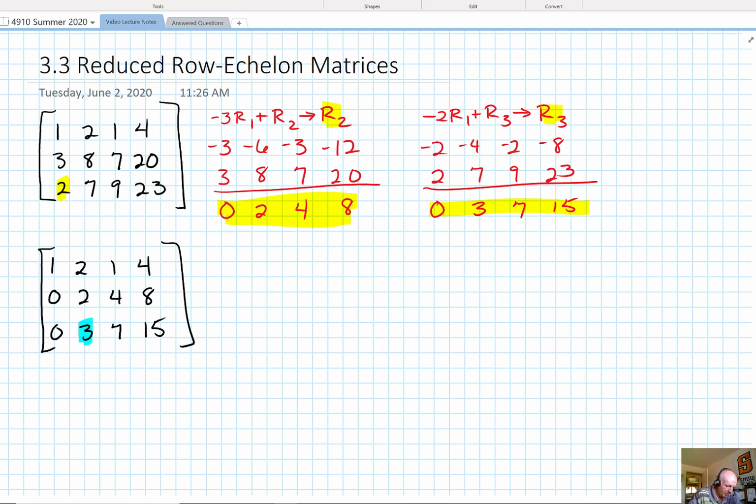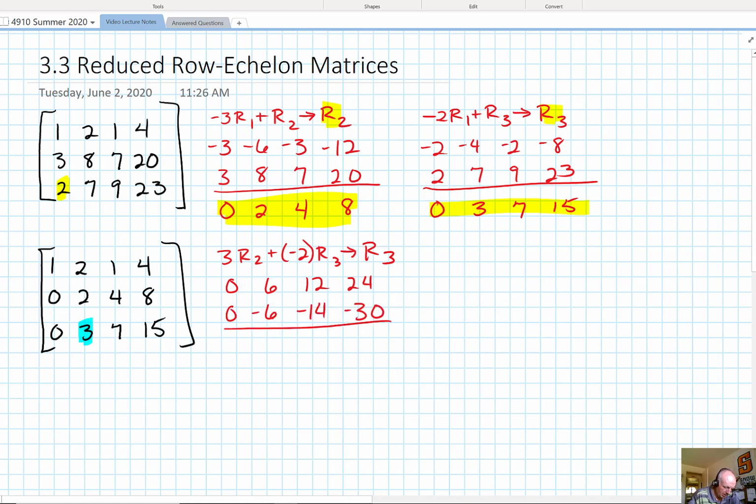To do that, let's go 3 times row 2 plus -2 times row 3, and we'll replace row 3. So 3 times row 2 looks like this: 0, 6, 12, and 24. -2 times row 3 is 0, -6, -14, and -30. When we add those up, we get 0, 0, that's what we want, -2, and -6.